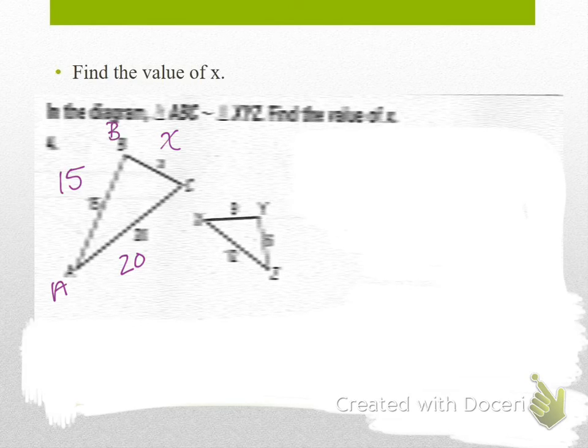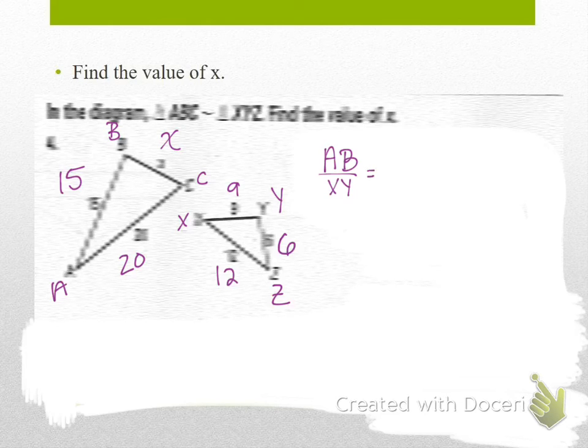So I'll just write these in to help us out a little bit. A, B, C, X, Y, Z. Okay. If we look at the similarity statement they gave us, then AB is put in a ratio with what other side?